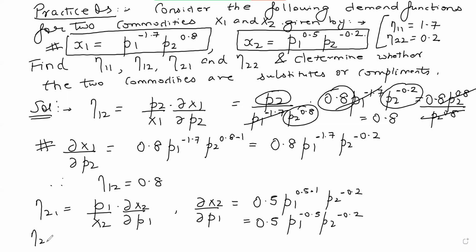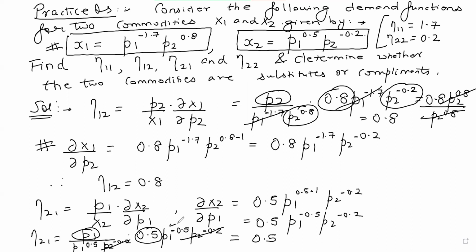Put everything in the formula. So eta 21 will be P1 over x2, which is P1 to the power 0.5, P2 to the power negative 0.2, times del x2 by del P1, which is 0.5, P1 to the power negative 0.5, P2 to the power negative 0.2. This cancels with this. I get 0.5.